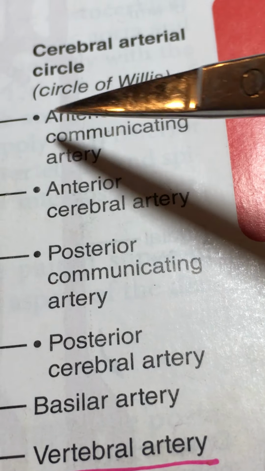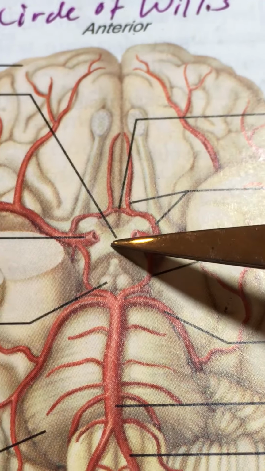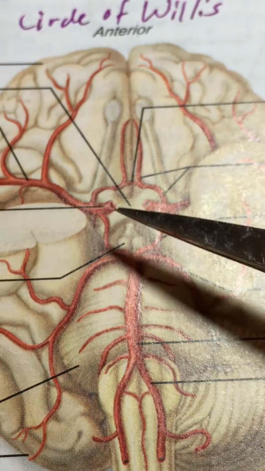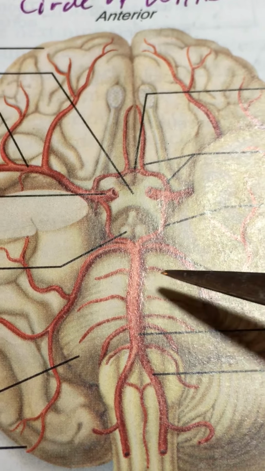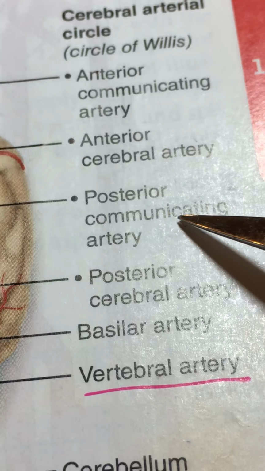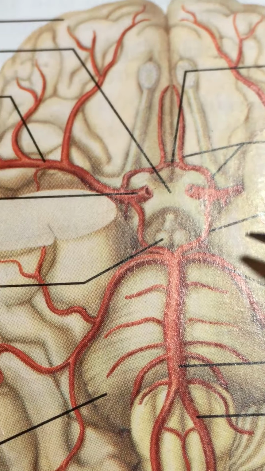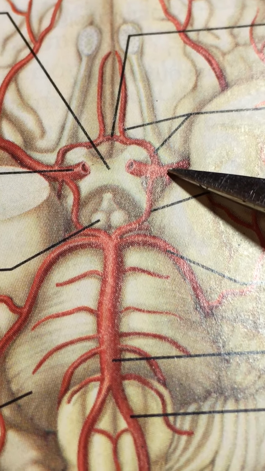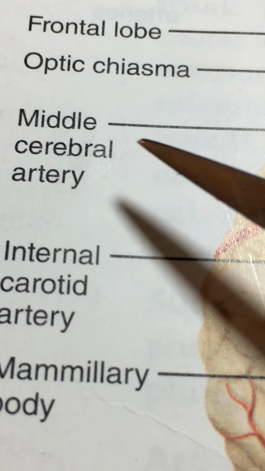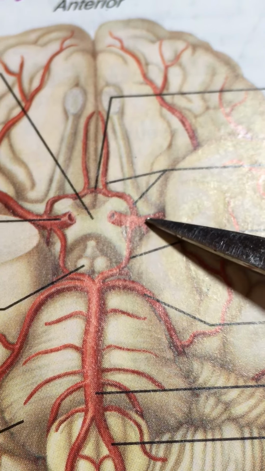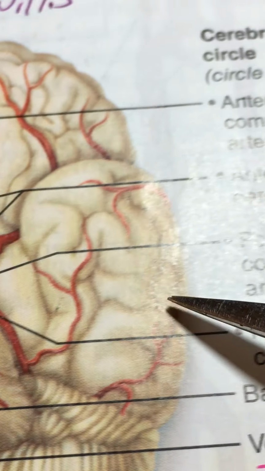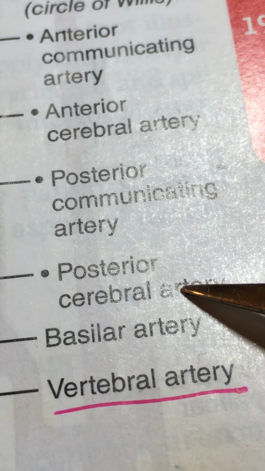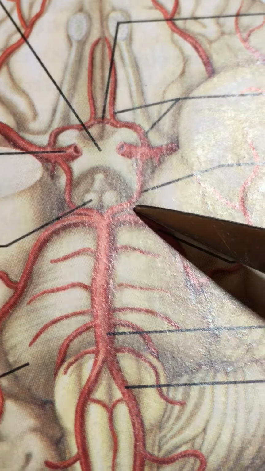So then coming down this way, we have something called the posterior communicating, and that goes from the middle cerebral artery, as you can see here, down to the posterior cerebral. Posterior communicating going to the posterior cerebral down here.